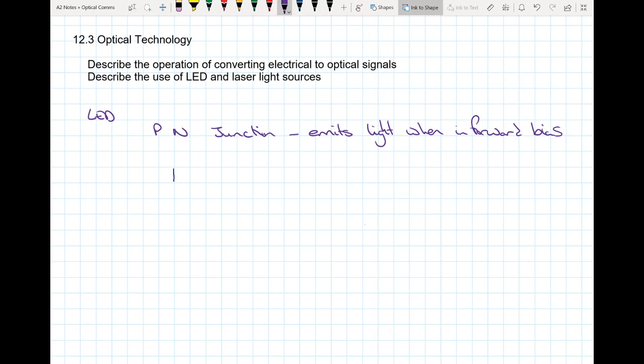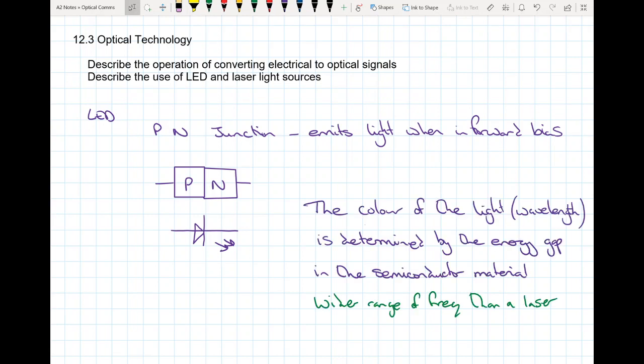It is a PN junction, and we're going to look at semiconductor material in the last overall topic. The N, if we draw it, we have our LED. As we've already discussed, our LED has a wider range of frequencies.